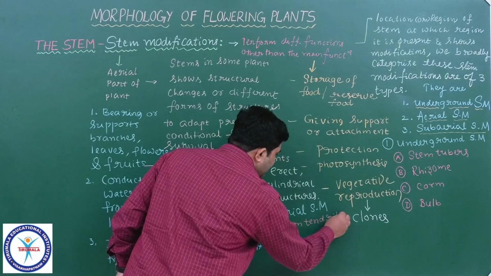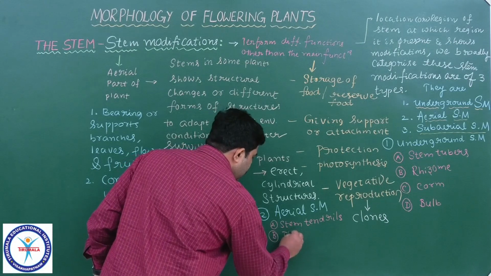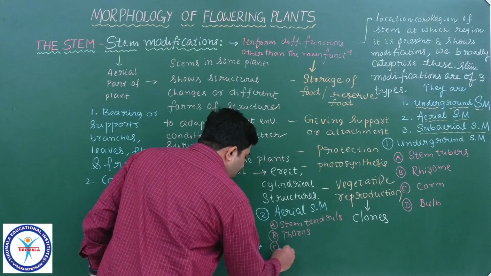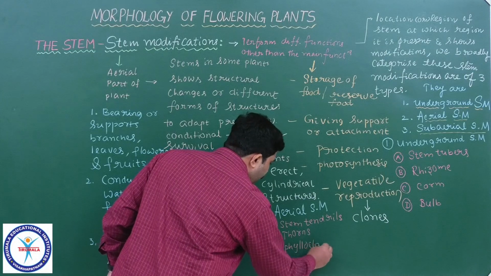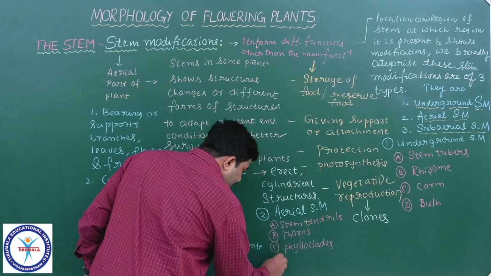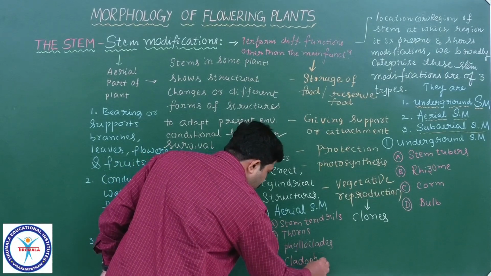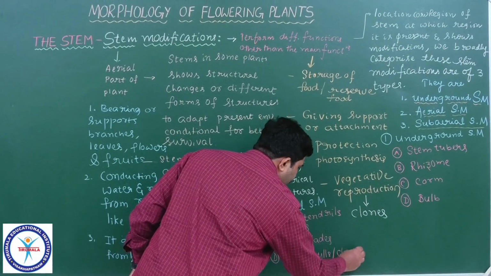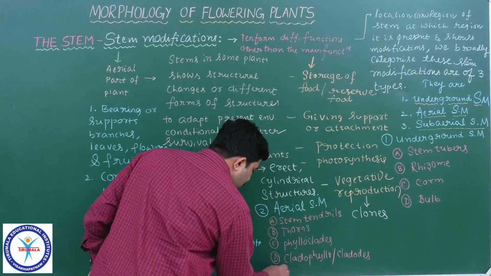The second one is thorns. The third one is phylloclads. The fourth one is cladophylls, also called cladodes.